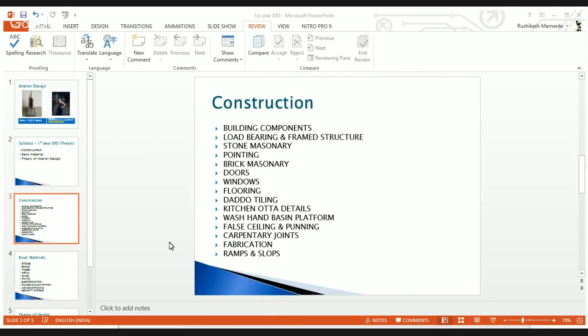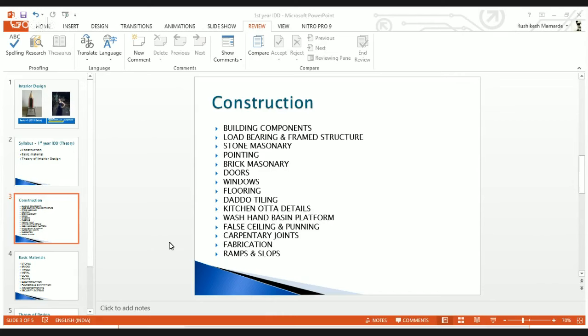So you should know the building components, and there are different building components that we are going to study in detail later. These are foundations, plinth, walls, columns, floors, doors, windows and ventilators, stairs, roof, building finishes, building services.